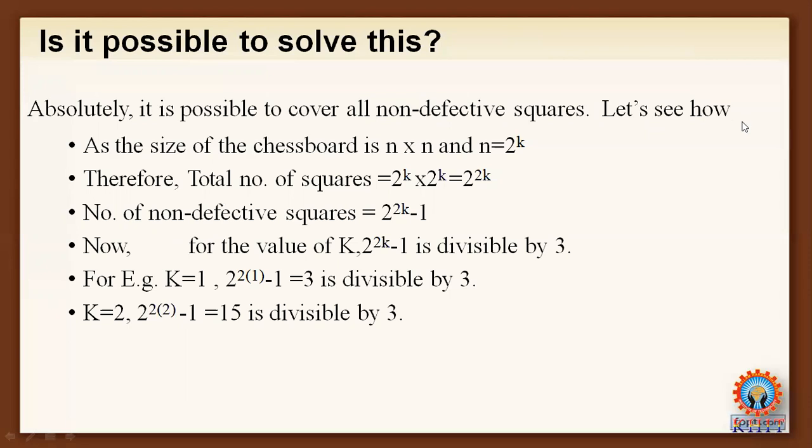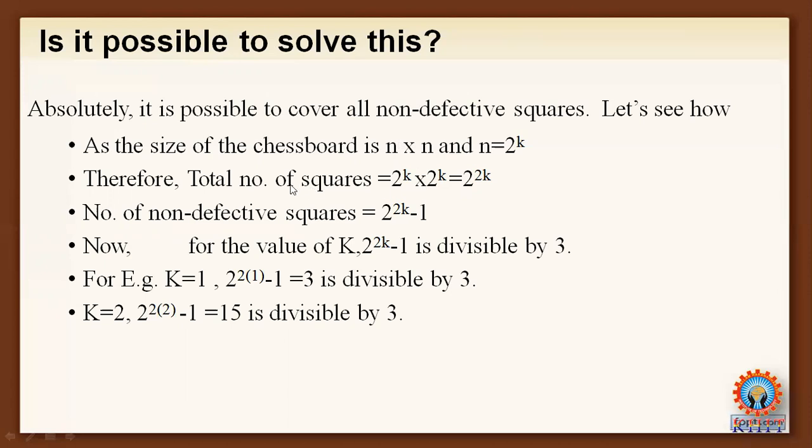Consider a chessboard of size n by n, where the total number of squares along a side is 2 power k. Therefore the total number of squares in an n by n chessboard is 2 power k into 2 power k, which is 2 power 2k.